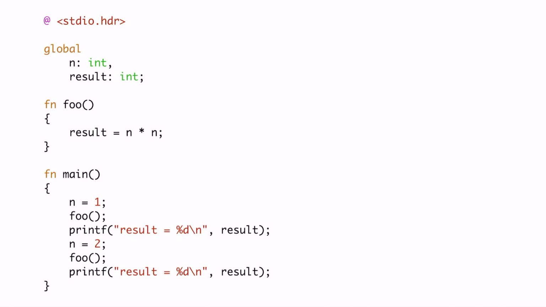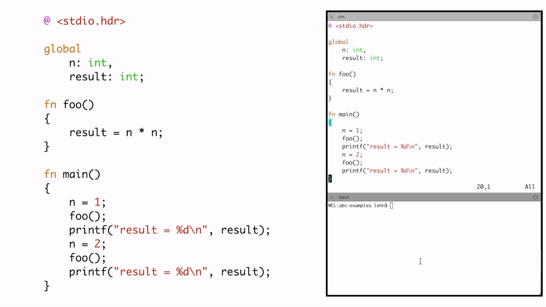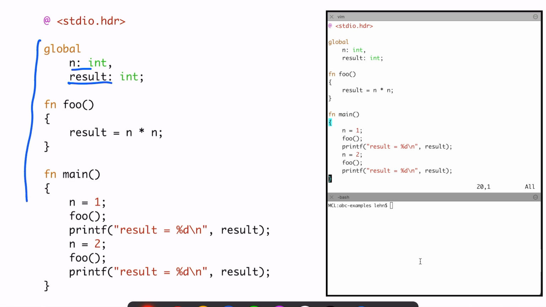Now, after training our understanding of scopes and figuring out what variable we actually mean when we use it somewhere, let's look at this example where the scopes are easier to understand. We now have two global variables, n and result. The scope is this part here.